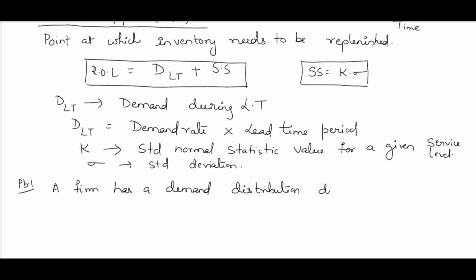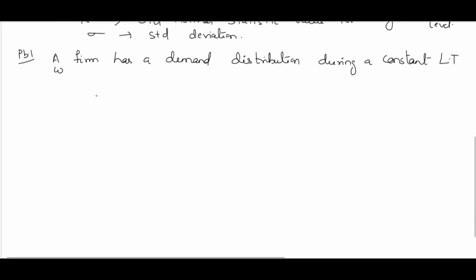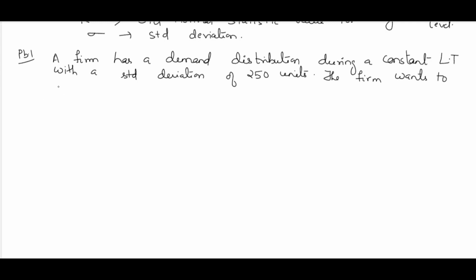A firm has a demand distribution during a constant lead time with a standard deviation of 250 units. The firm wants to provide 98% service.